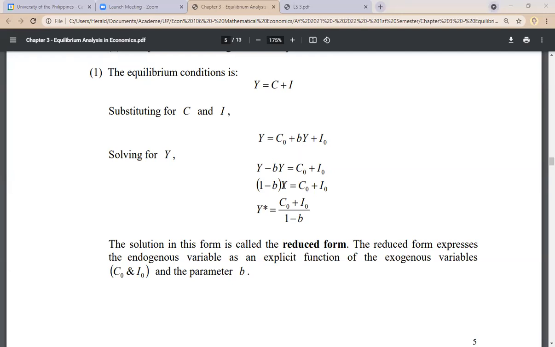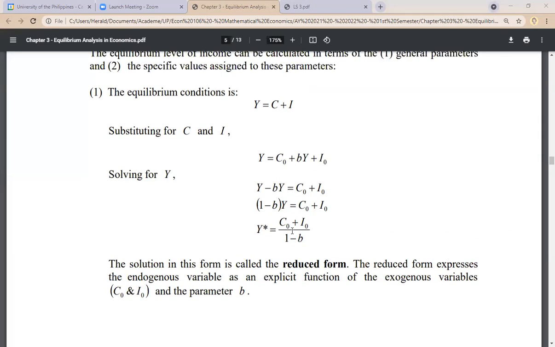Solving for y would mean isolating y on the left-hand side of the equation, putting the other variables, again those exogenous and other parameters, on the other side. That would mean that our solved y, or y star, would be a reduced form. This is expressed in terms of parameters and other exogenous variables.